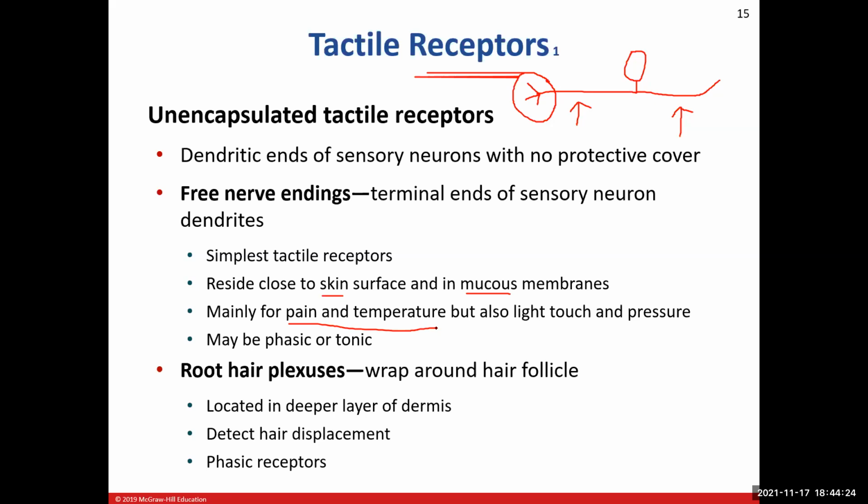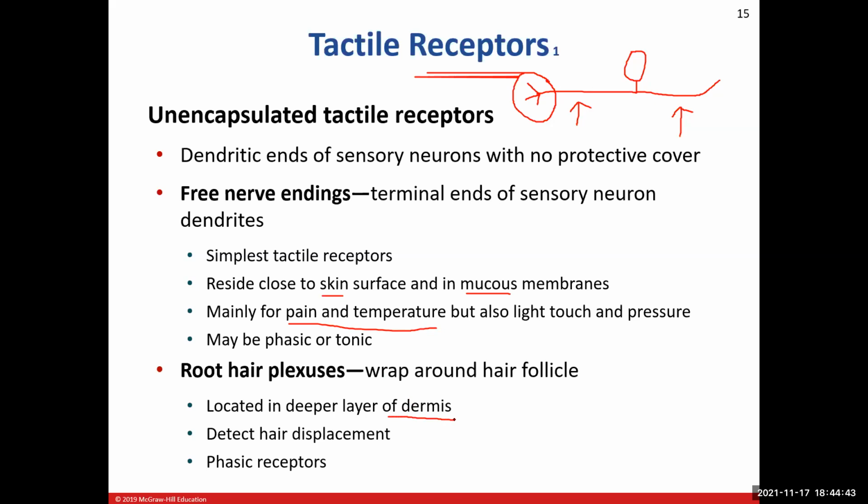So whatever happens to the hair follicle will stimulate those receptors, and they'll send that information up to the central nervous system. You know that the hair follicle is located down in the lower layer of the dermis there, in the reticular layer.